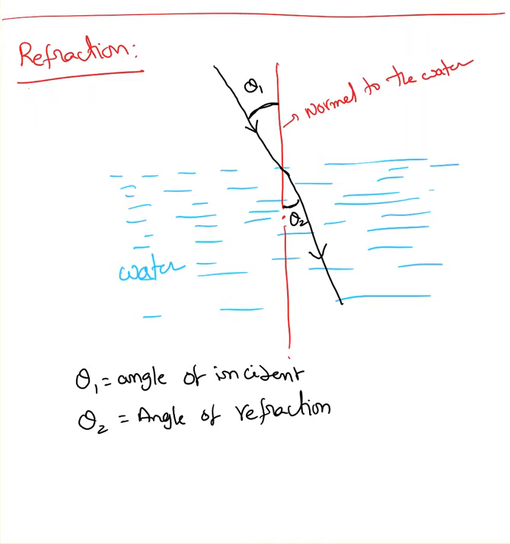Now what happens when it is passing through one type of material to another type of material? The speed of that light ray is going to change.